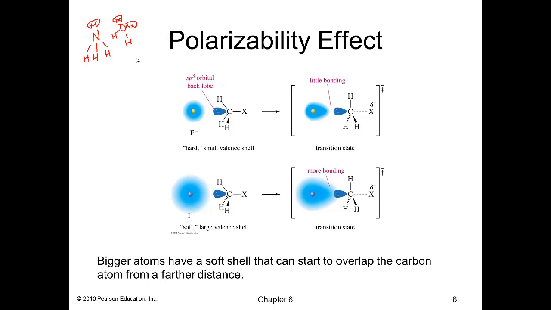Over here, we can see a similar trend. Now, if F minus and I minus were to both act as nucleophile, which one would be a better and more effective nucleophile?